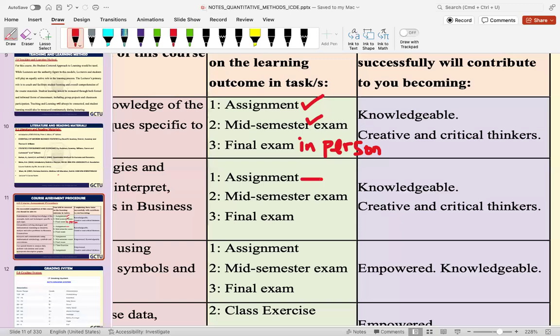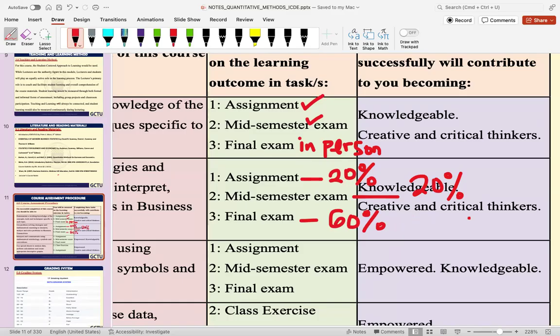And so these are the mark percentages for the assessment. Assignments, I award 20% maximum. Mid-semester, I award 20% maximum. And then the final, which is mandatory by the school, is 60%.